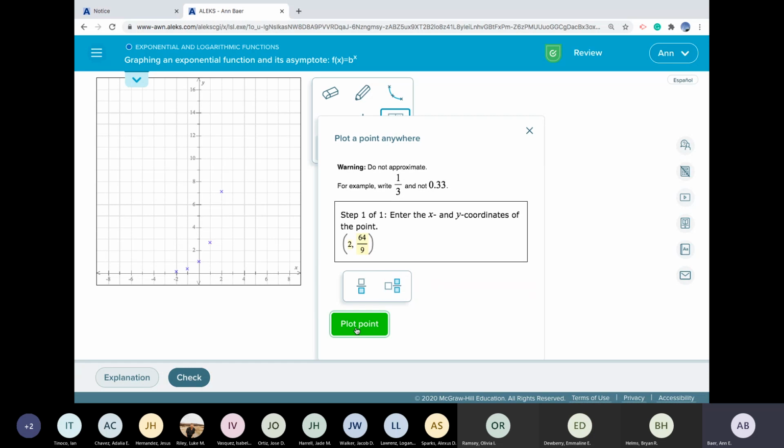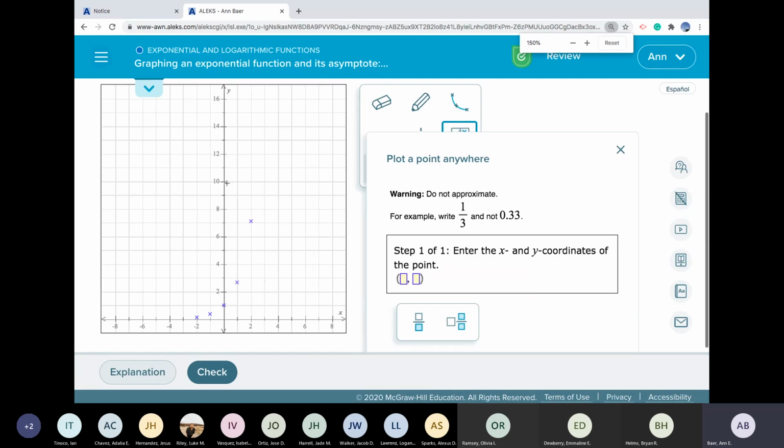So let me plot this point. And now you can see the graph here. Maybe let me make this a little bit bigger so you can see. Now, where would you guess that the asymptote is? Where does it look like this graph is leveling off? Right on 0. It's at 0, but it doesn't include 0, correct?